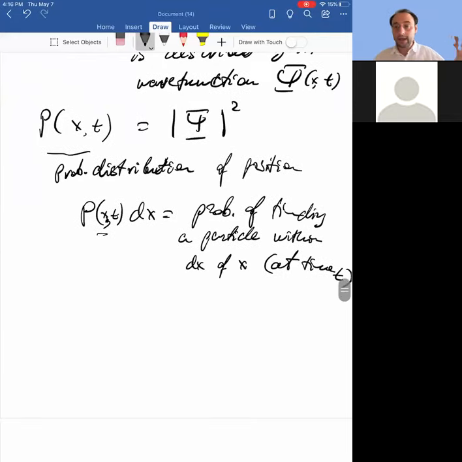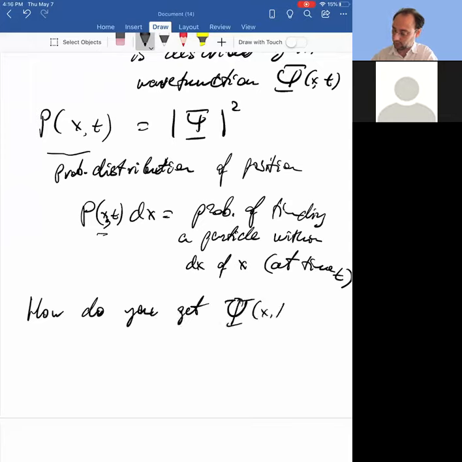Anyway, how do I get that wave function? I've been dancing around this topic for a very long time. How do I get that wave function? The answer is, it's a solution to Schrodinger's equation.